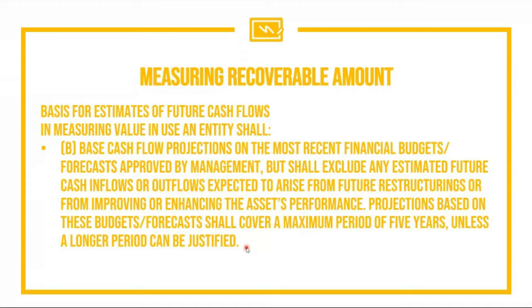So to make letter B shorter, you simply determine the cash flows at the current condition of the asset, for a period of a maximum of 5 years as a general rule, unless a longer period can be justified. So that's basically letter B.